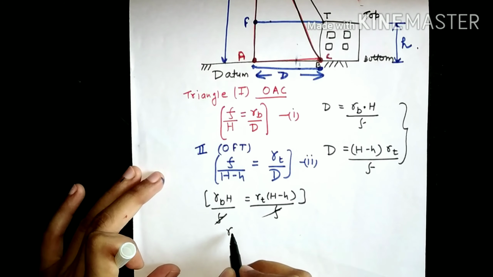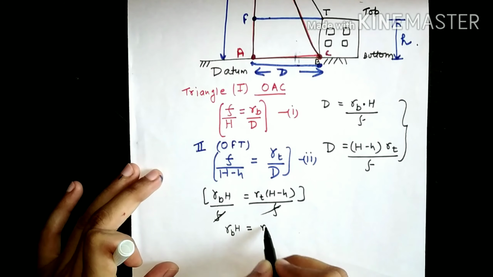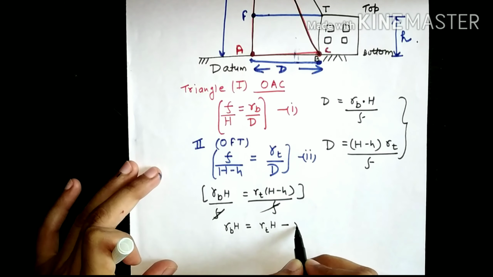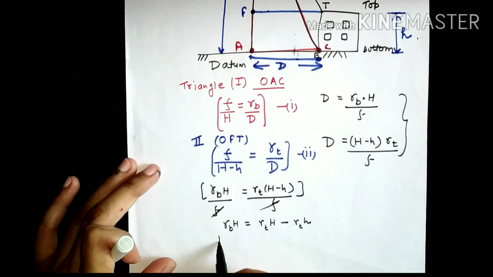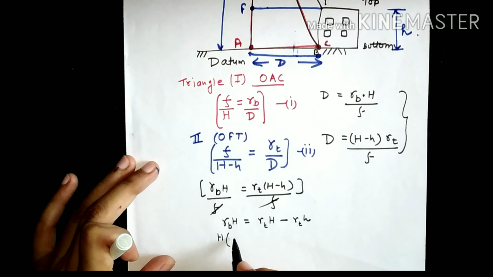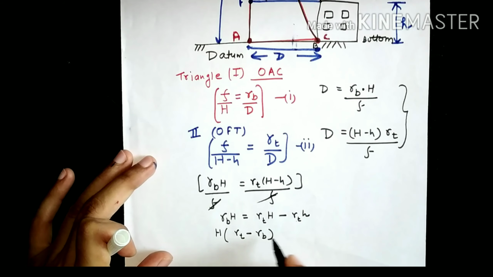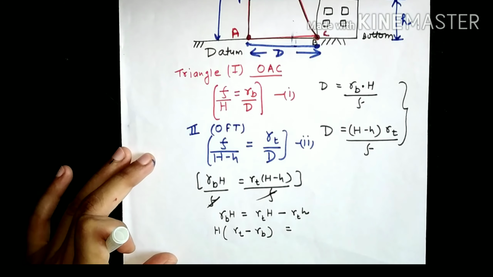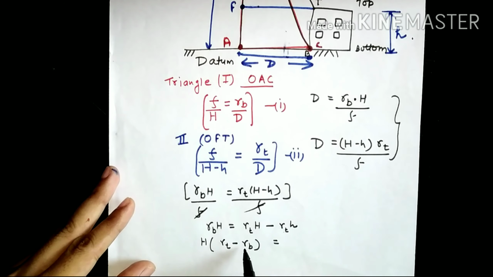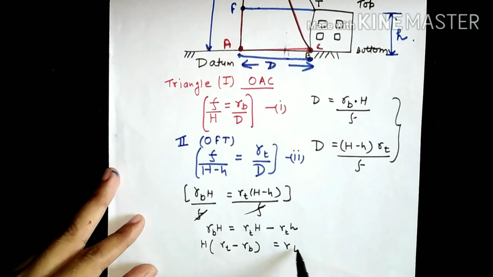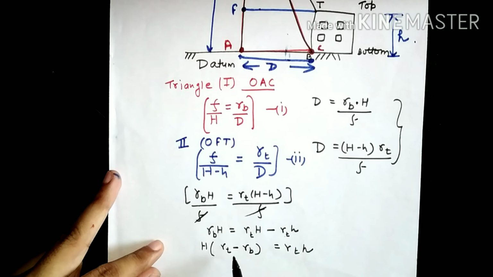This will be written as RB H is equal to RT H minus RT small h. H will be taken common. Then (RT minus RB) H is equal to RT small h.